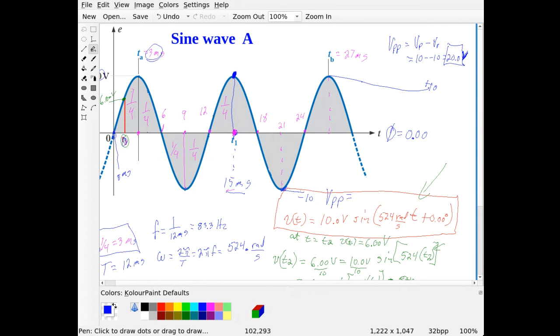So T2 has to be somewhere between 0 and 3 milliseconds. If T2 is equal to 1.23 milliseconds, it's in between 0 and 3 milliseconds, so that definitely sounds like a good answer to me.